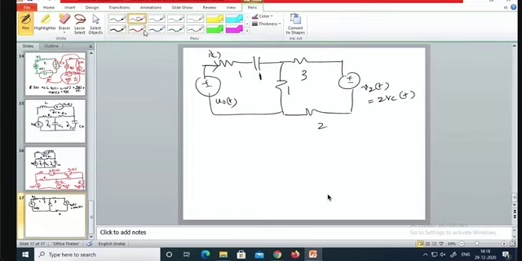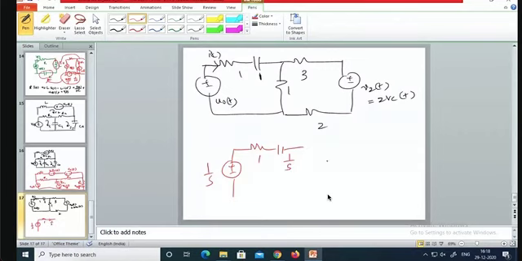Applying Laplace transforms, the unit step function will be replaced by 1 by S, resistance as it is, and capacitance 1 by SC.